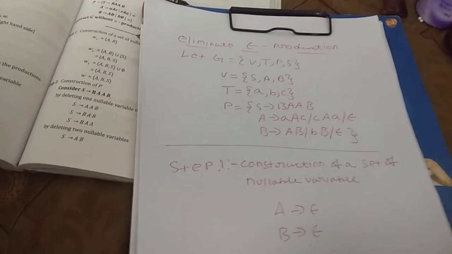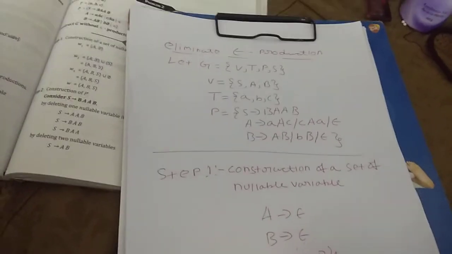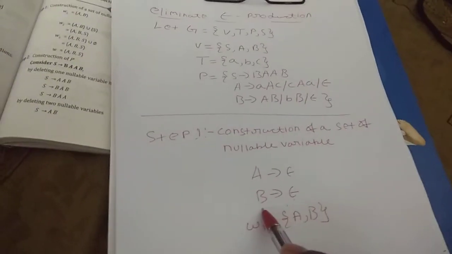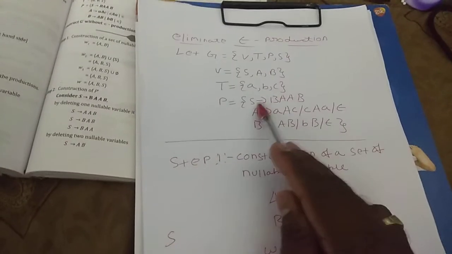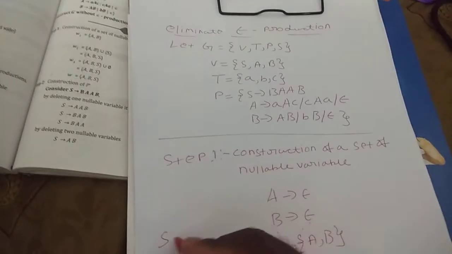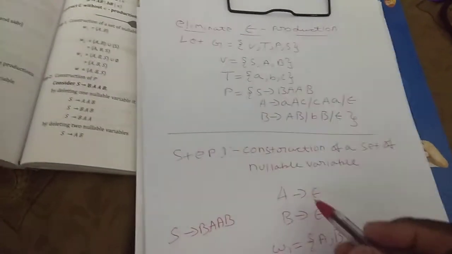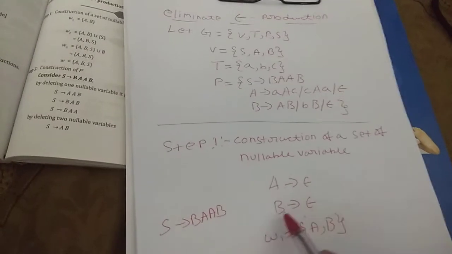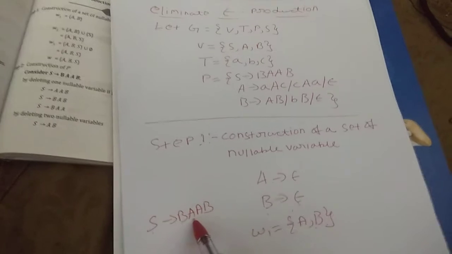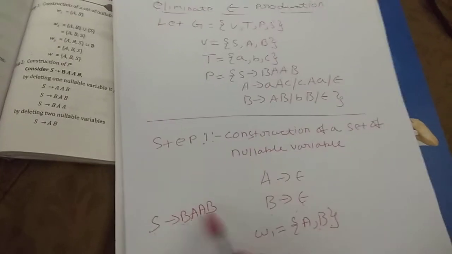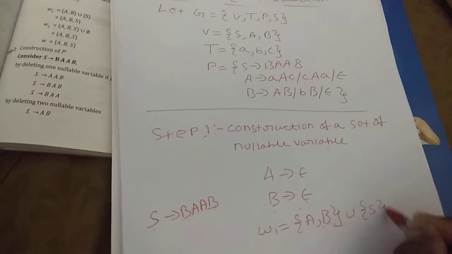So W1 equals A and B. As we said, A and B are nullable variables, and see that S tends to BAAB. We already showed that A is a nullable variable and B is a nullable variable, and S tends to BAAB, which means A and B are there in S. Then S is also a nullable variable.